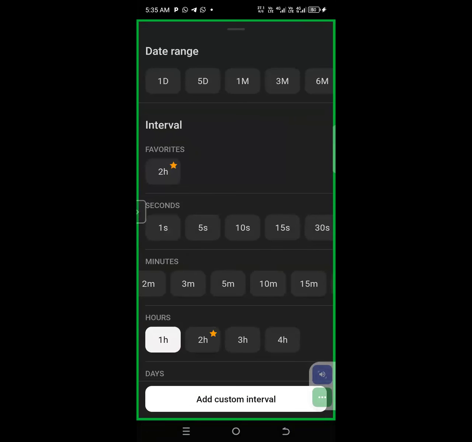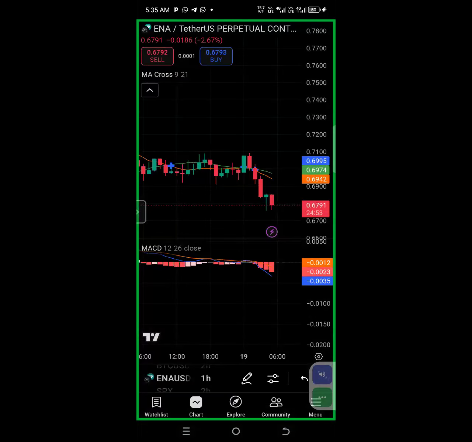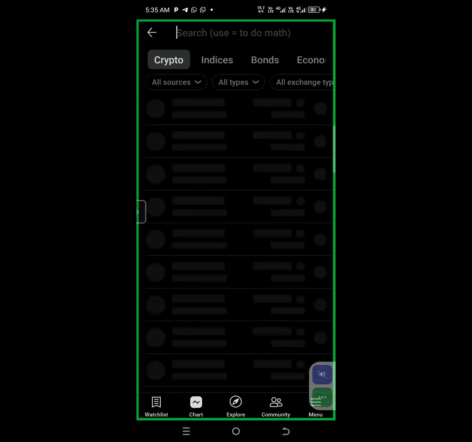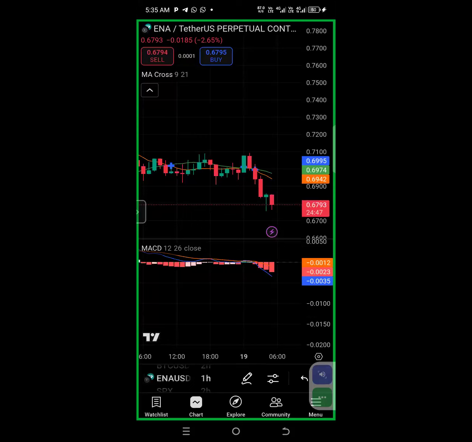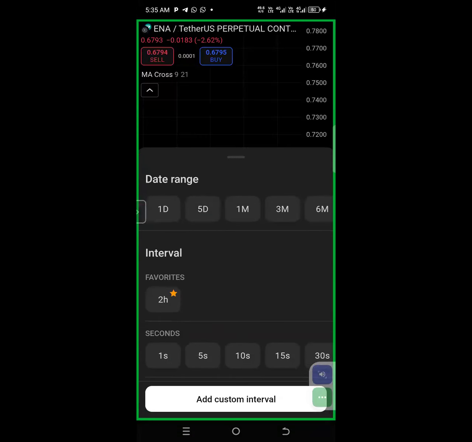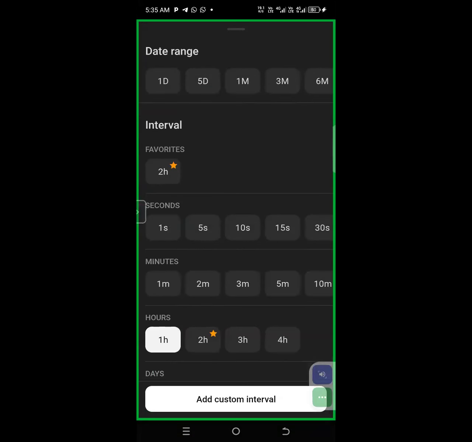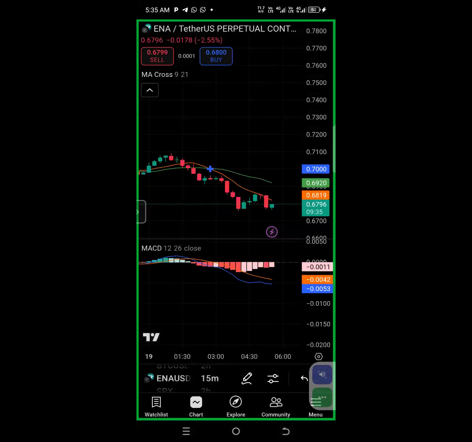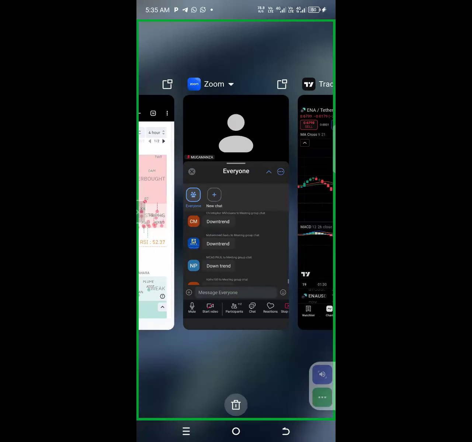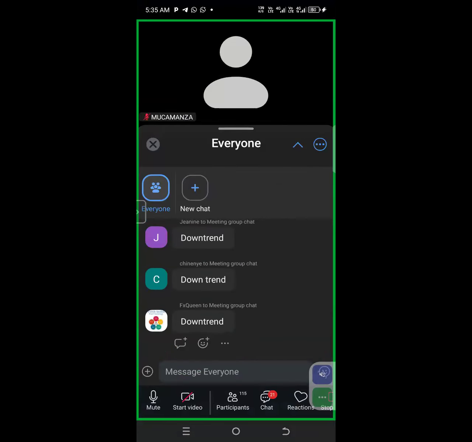Is it an uptrend or a downtrend? Let me know. Okay, very good.